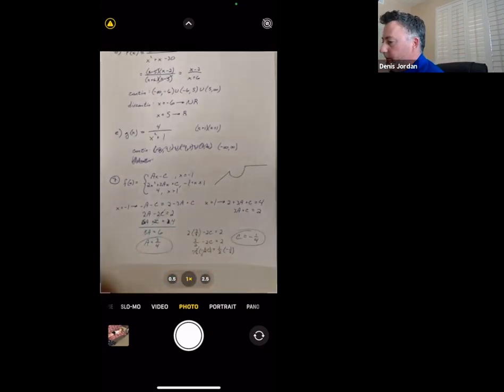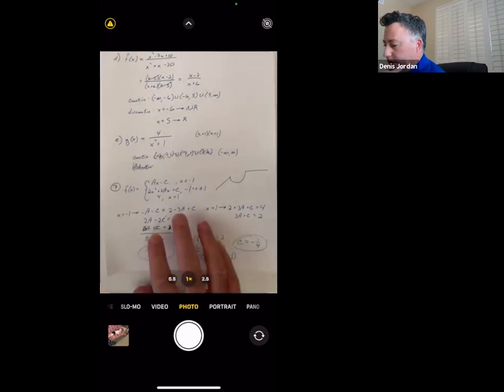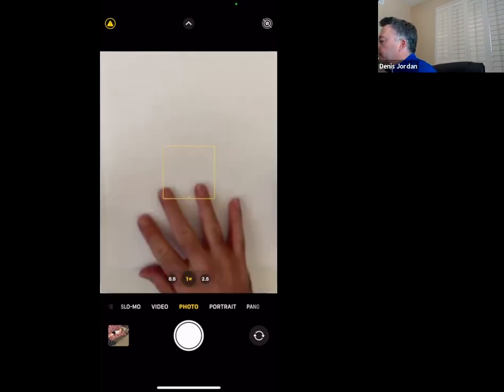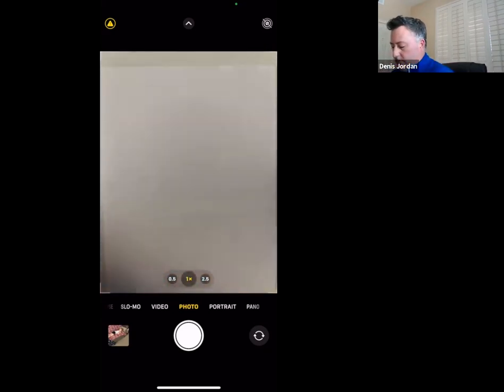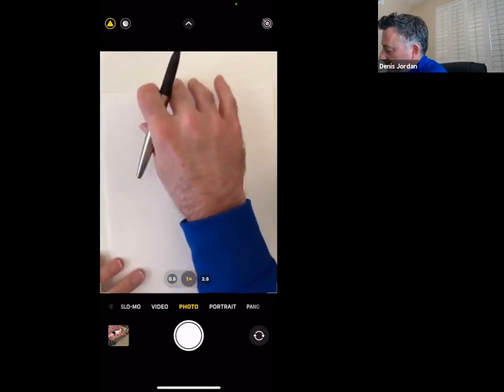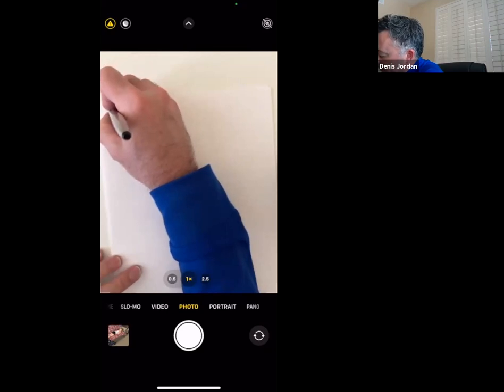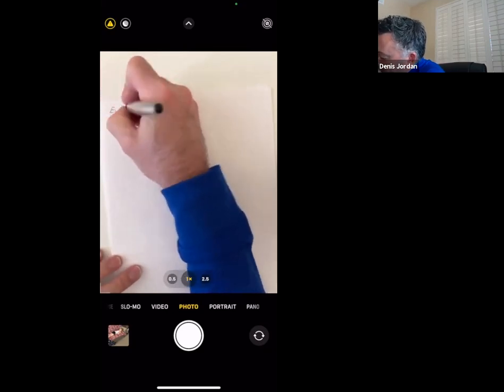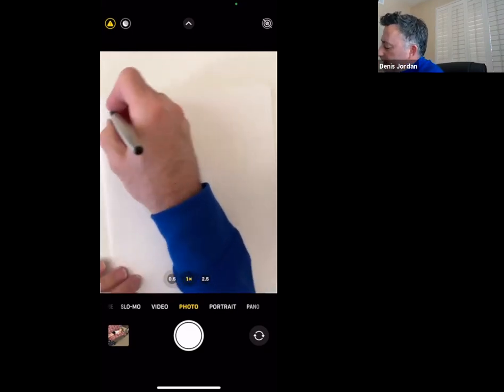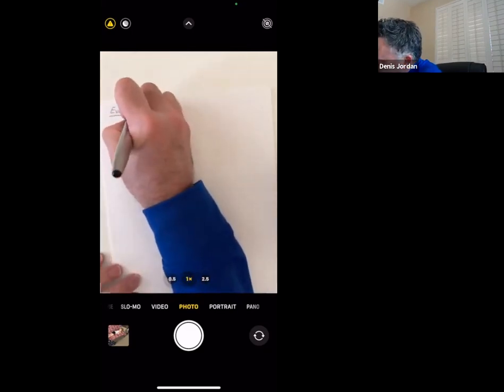Okay, so let's see, we've looked at limits with the graph, continuity. Number 7. Let's look at limits with a function.